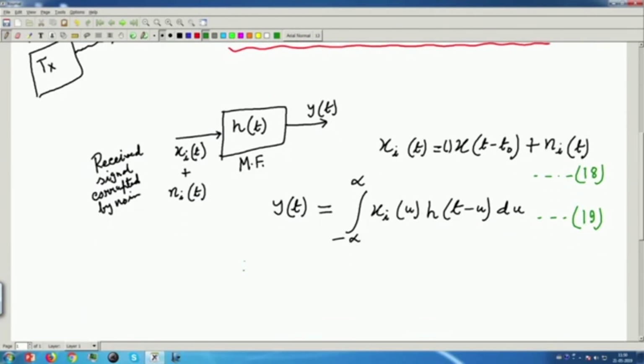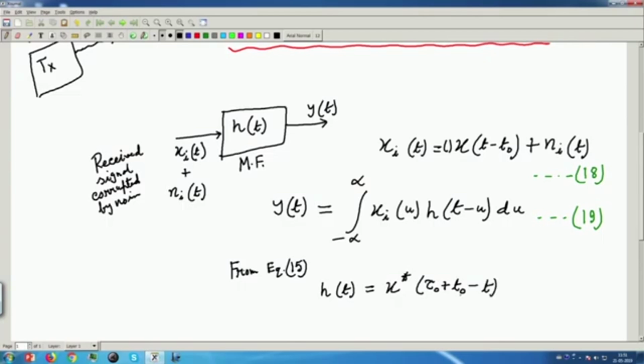From equation 15 we can put that h(t) was nothing but x star of (tau naught plus T naught minus t).